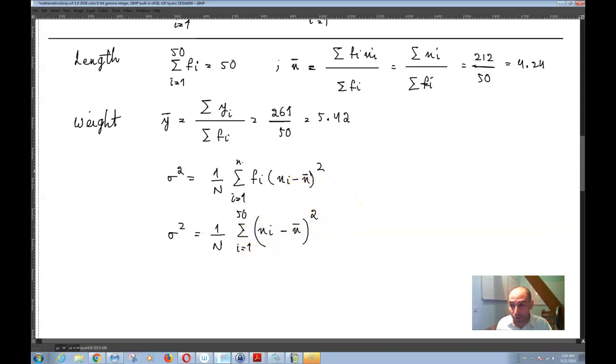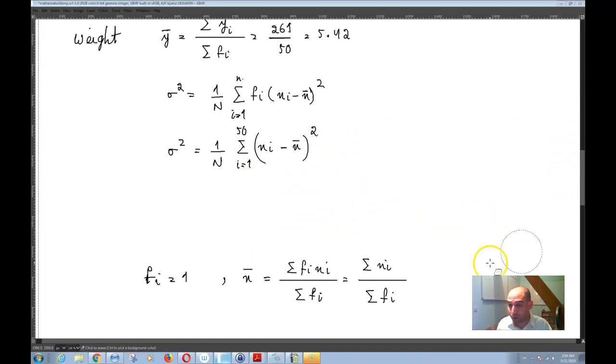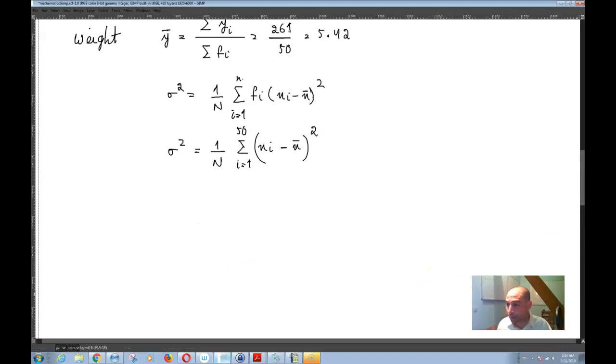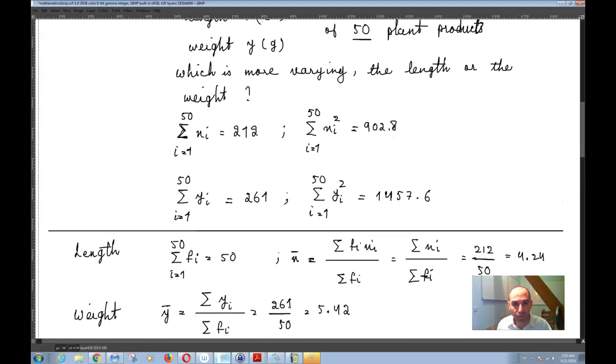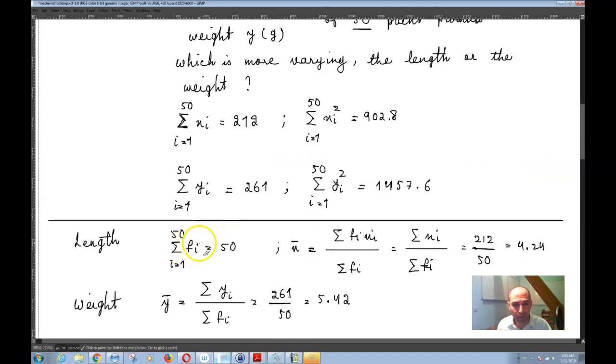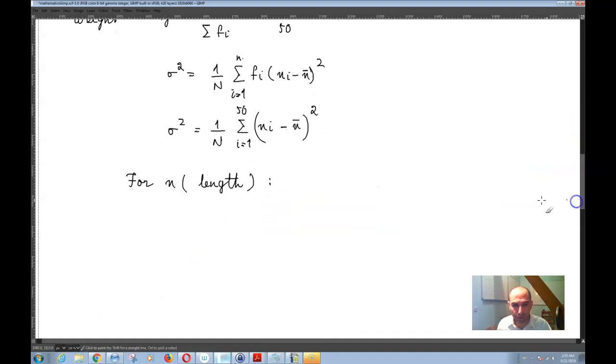So now for x, or for the length, of course I know that n, sigma f of i, is equal to 50.